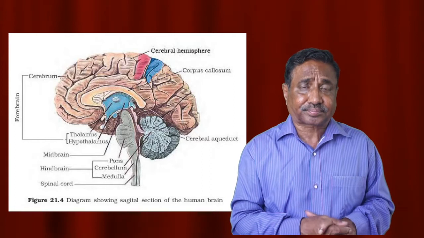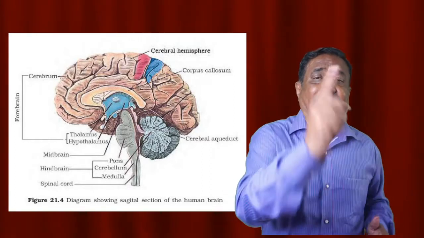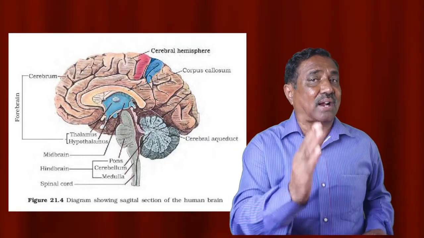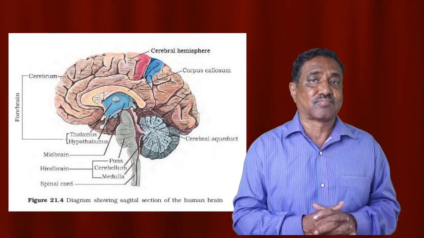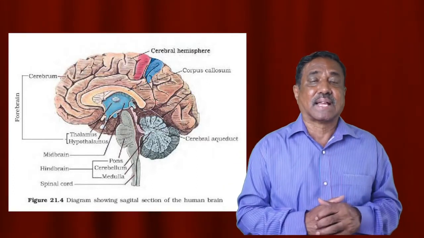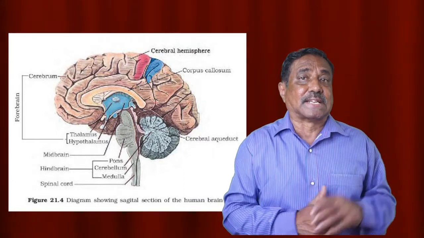And so, reflex action. It is an involuntary action in response to an external stimulus, called reflex action. The pathway of nerve impulses from the time of receiving the stimulus to that of response is called the reflex arc.